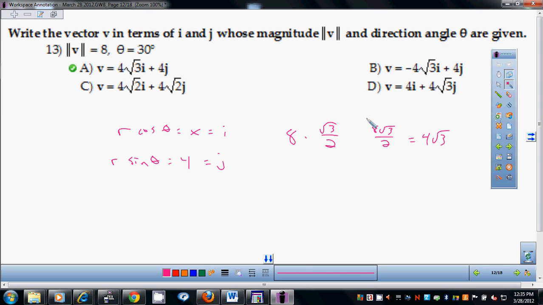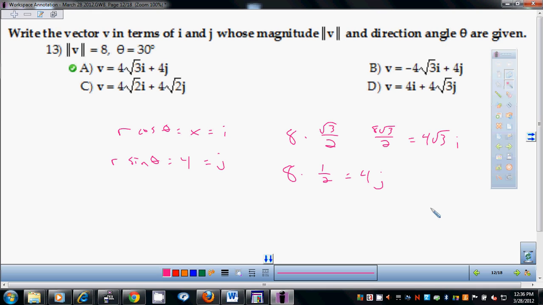Let's do the second part. R, I know we know what the answer is now, but R is 8. What is sine of 30 degrees on your unit circle? 1/2. 8 times 1/2 is 4. So that is your J value, 4J. Yeah, this is your I, this is your J. That is the easiest way to do this, by using the unit circle.